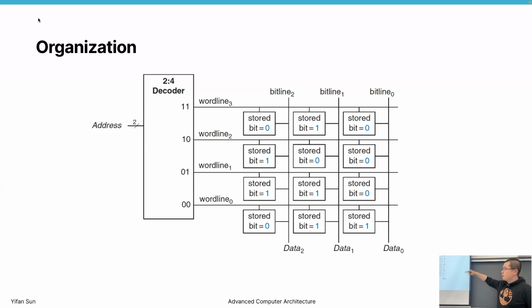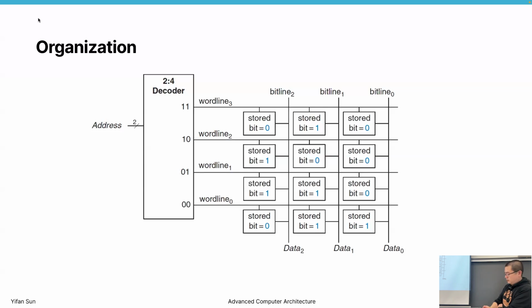The number of word lines determines the depth of this memory array. So basically, if we have more bit lines, we have larger bandwidth of getting data out of this memory array, if we consider one cycle per piece of data.